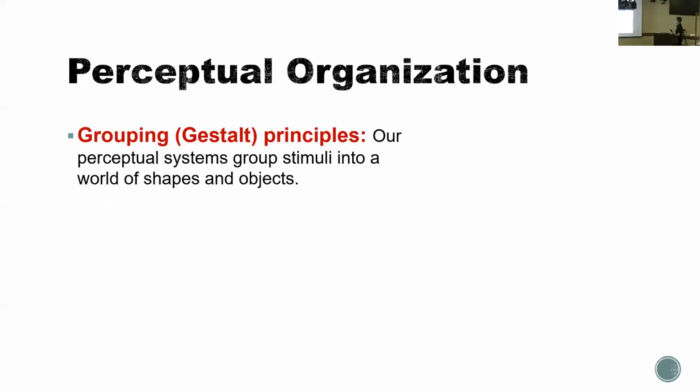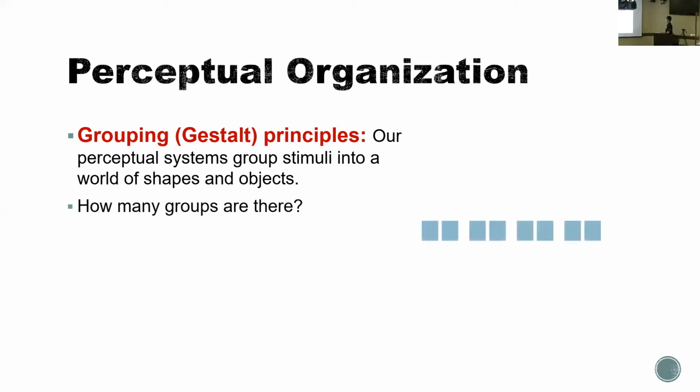Next, we have the grouping, or we call it the Gestalt principles. That's when our perceptual systems group stimuli into a world of shapes and objects. So next, I'm going to ask you questions. How many groups are here? 4? Okay.